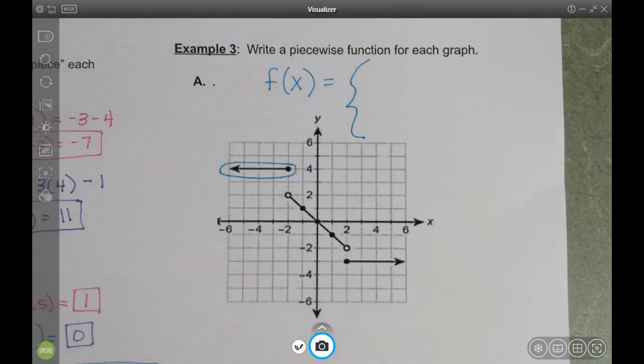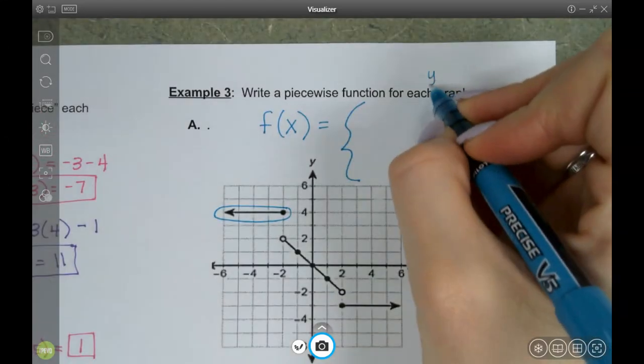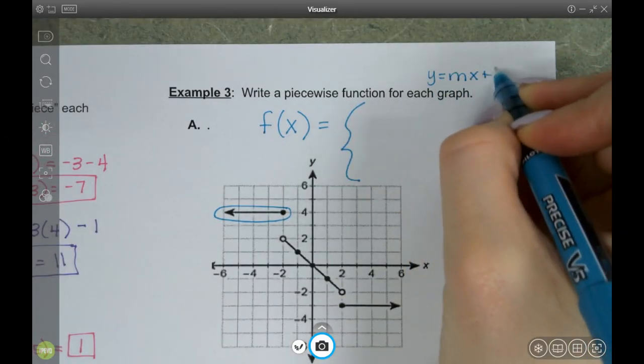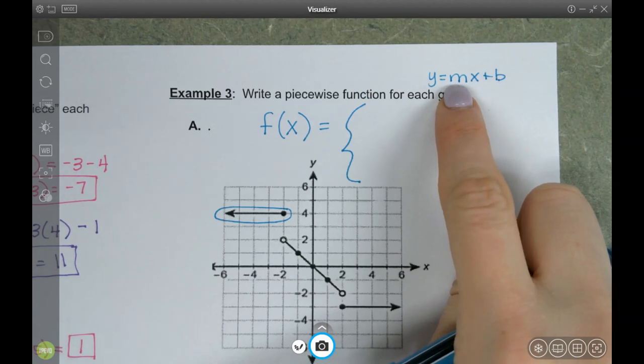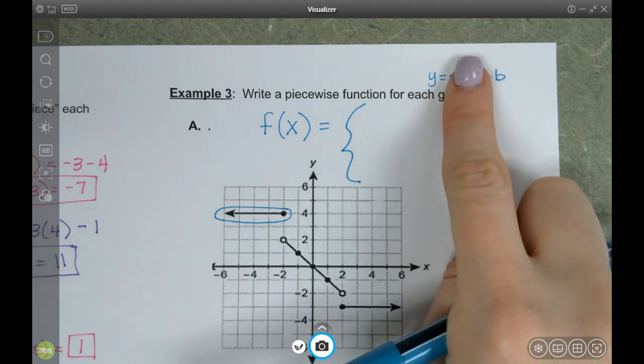If it's just a plain horizontal line, what's the slope of that line? 0. If your slope is 0 in a y equals mx plus b, won't this term go completely away? It'll just be y equals the y-intercept, or y equals a number.